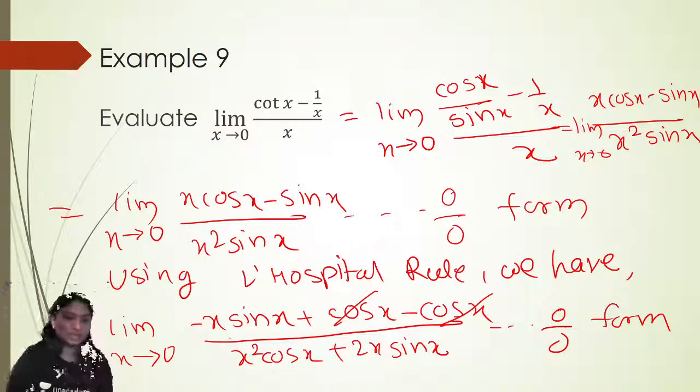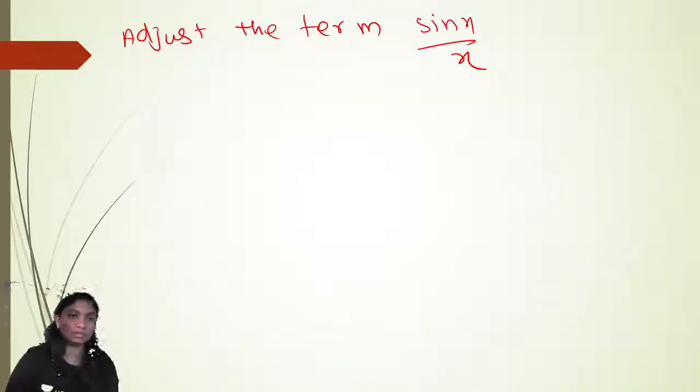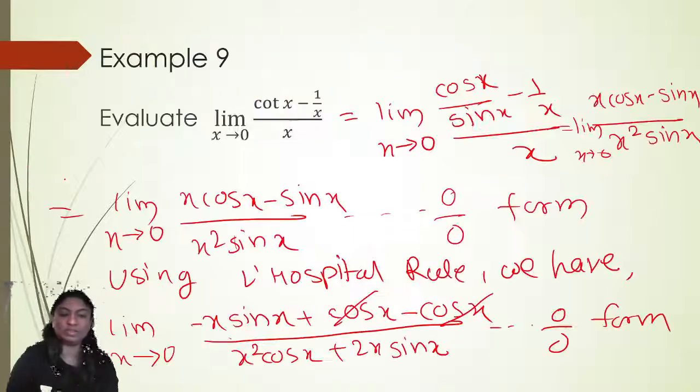See here, x cos x minus sin x upon x square sin x. So we will write x cos x minus sin x upon x, and in the denominator x into bracket sin x, here x square into bracket sin x upon x. Because always you will get an x term, so always you get 0 upon 0 form.